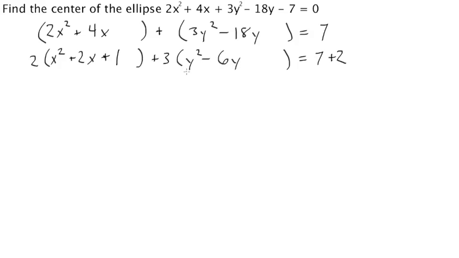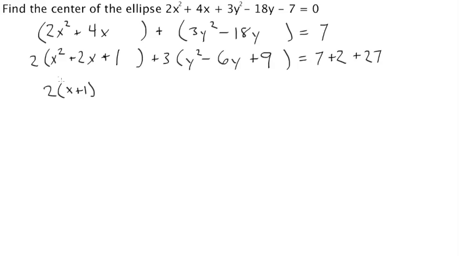Over here, once again, y squared minus 6y, that looks like what we've been working with this whole time. So I'm going to take half of this number and square it, so that's going to be 9. Now I haven't actually added 9 here, I've added 3 times 9. So to keep everything balanced, I need to add 27 here. So I proceed as before.